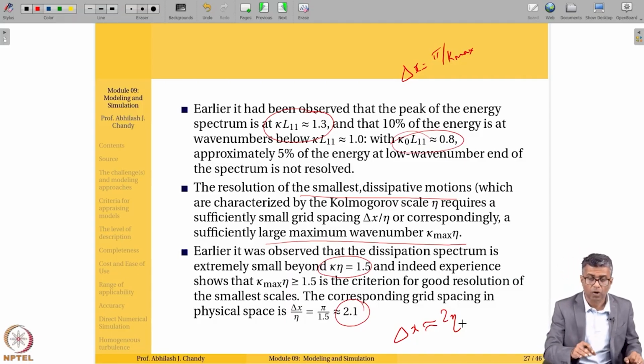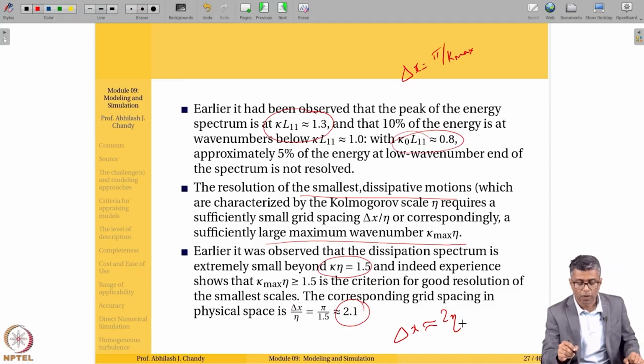Just like on the smaller wave number range, when you're using kappa naught L11 equals 0.8, you're missing out on 5% of the energy. In the same way, here too, when you use 2 times eta as your grid spacing, you are going to be missing out on some dissipative motions, but very little. So I hope that is clear.